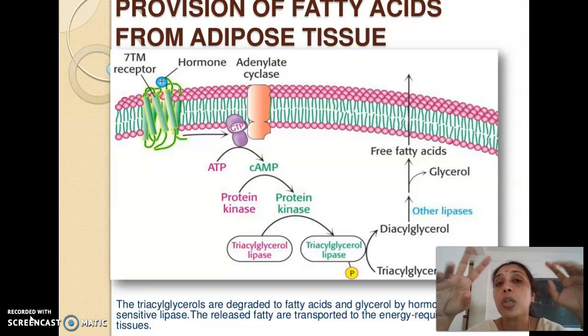So 8 molecules of acetyl-CoA are yielded, all of them enter into the TCA cycle, and each acetyl-CoA can give rise to 12 molecules of ATP.